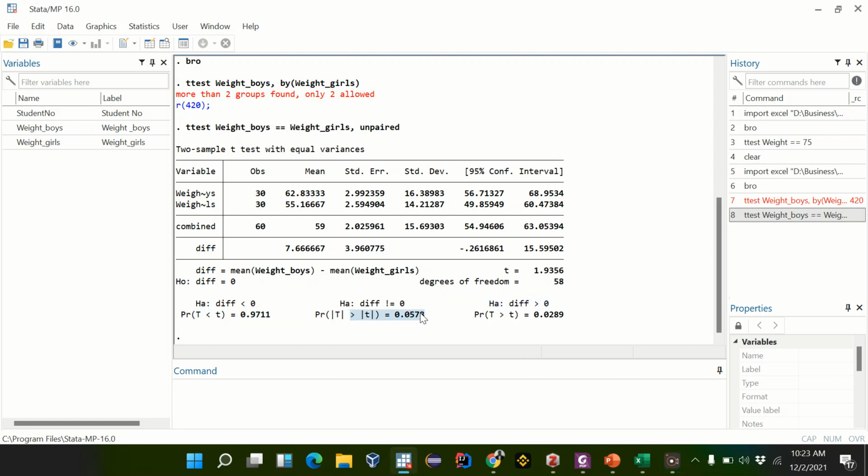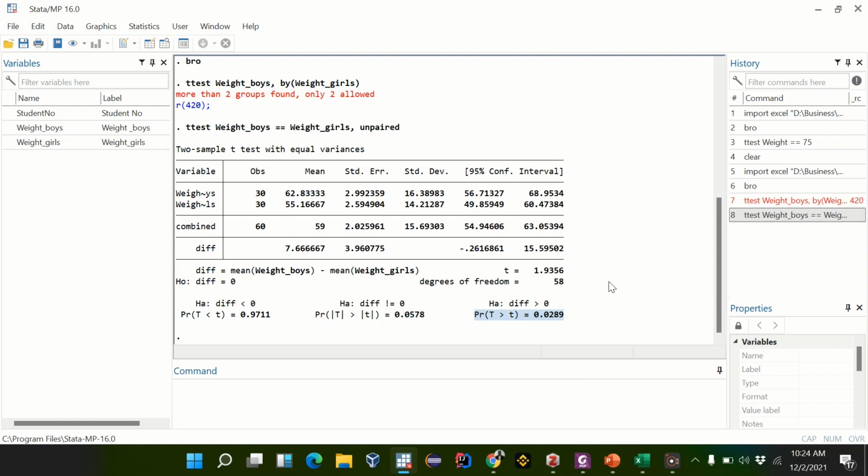A null hypothesis that says the difference is not equal to 0 is also non-statistically significant because 0.057 is not less than 0.05. The null hypothesis that says the difference is greater than 0 is statistically significant. So if our null hypothesis was like the weight of boys is greater than the weight of girls, then this hypothesis would be true.